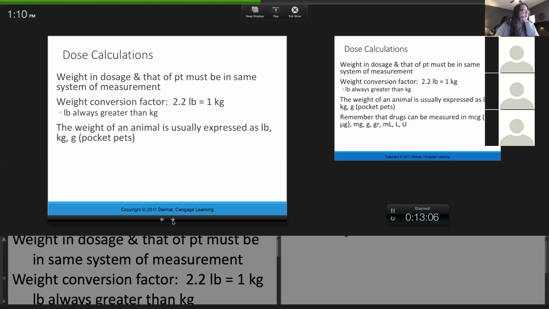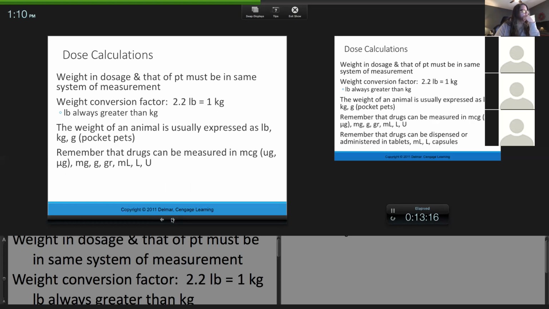If you're working with the little guys, exotics, these are usually weighed in grams on a little gram scale. And remember, not all of your drugs are in milligrams. Could be liters, units, micrograms, grains. That's where your conversion factors come in.